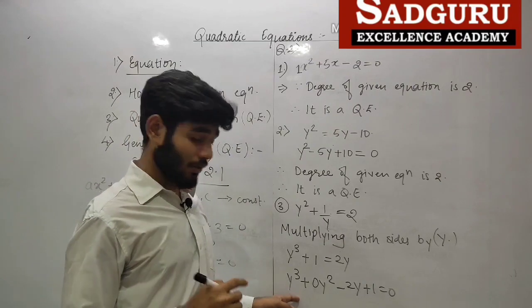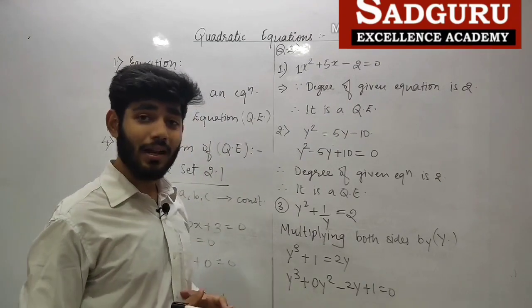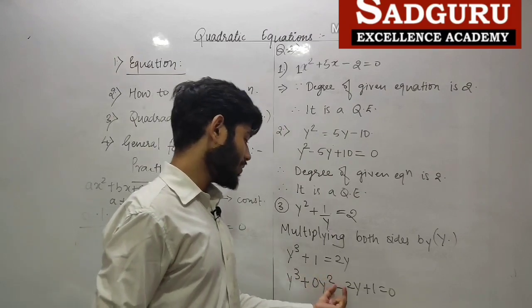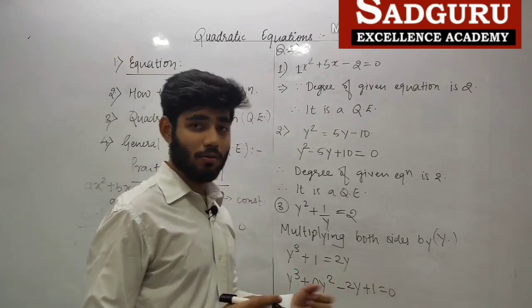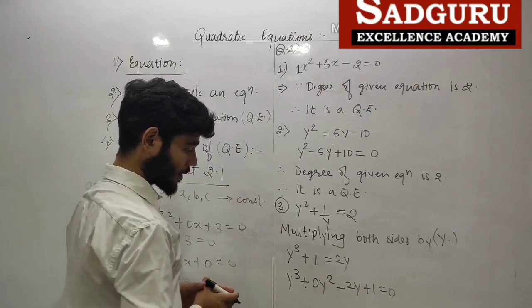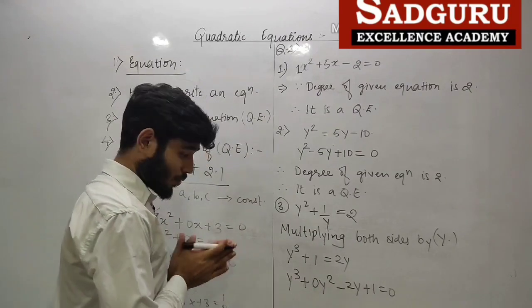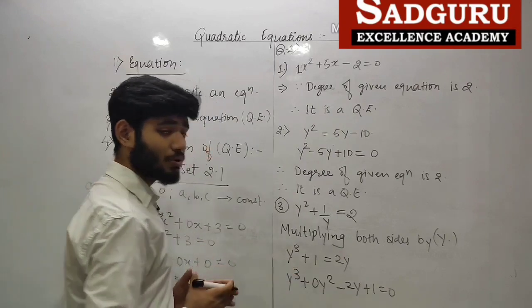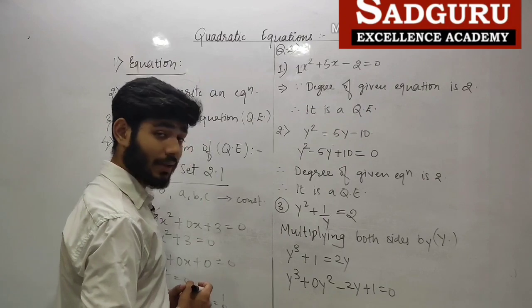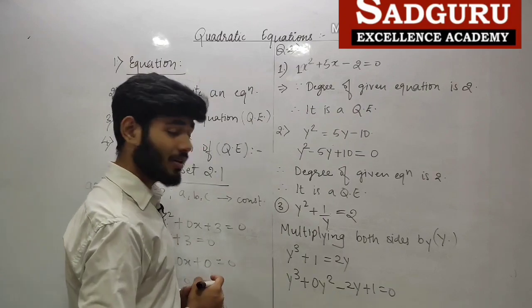I had already taught you how to write an equation: first y³, then y², then y to the power 0. But if you observe, the degree of the given equation is not 2, it is 3. Yes, the degree of the given equation is 3.